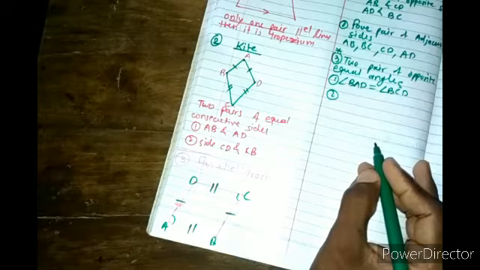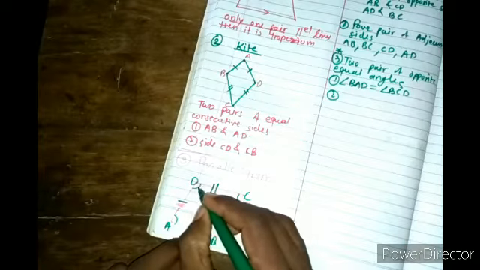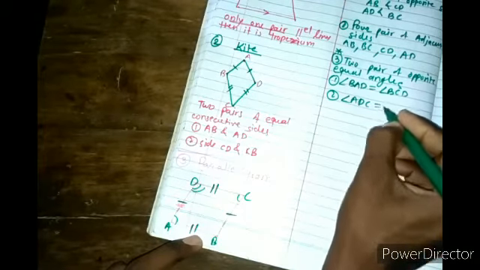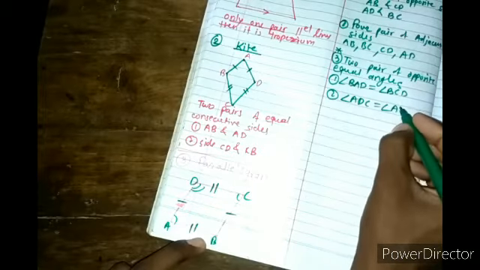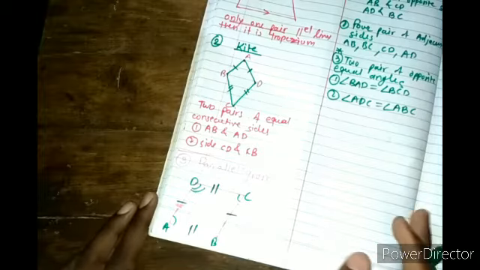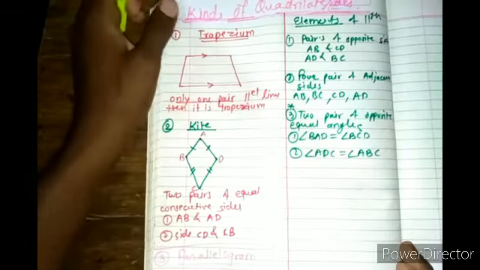The second pair, if this is ADC, then on that side ABC. They are the two pairs of opposite angles, right?